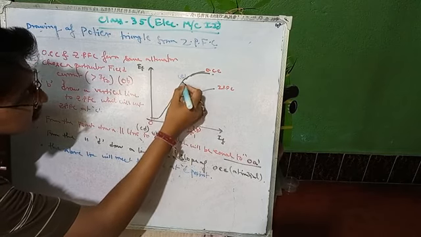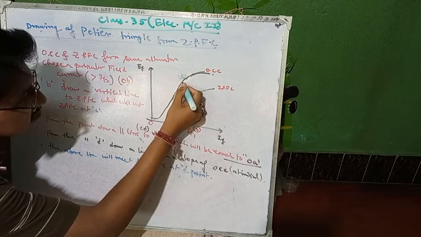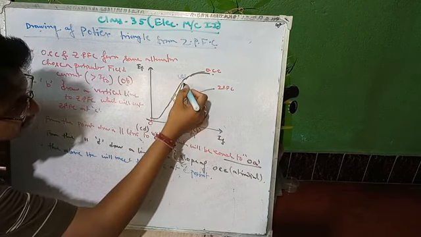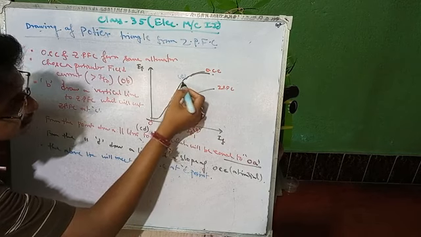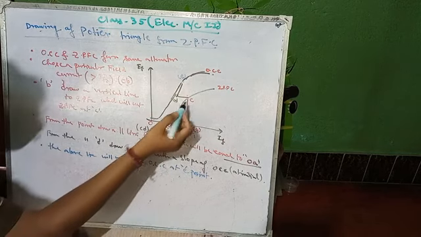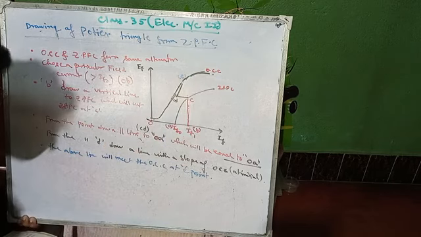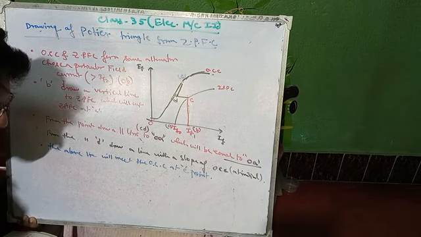It is very much near to this OCC, but will not touch this OCC within this region. Within this region it will meet a certain point on the OCC, but not in the same line as this BC. Okay, it need not be the same.